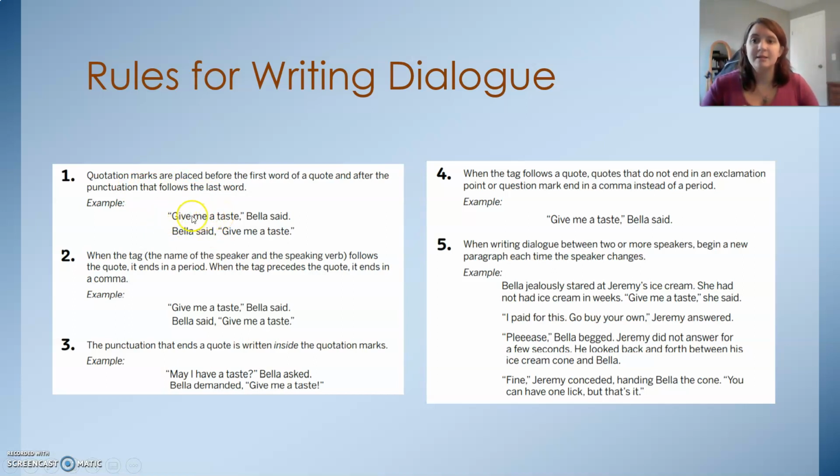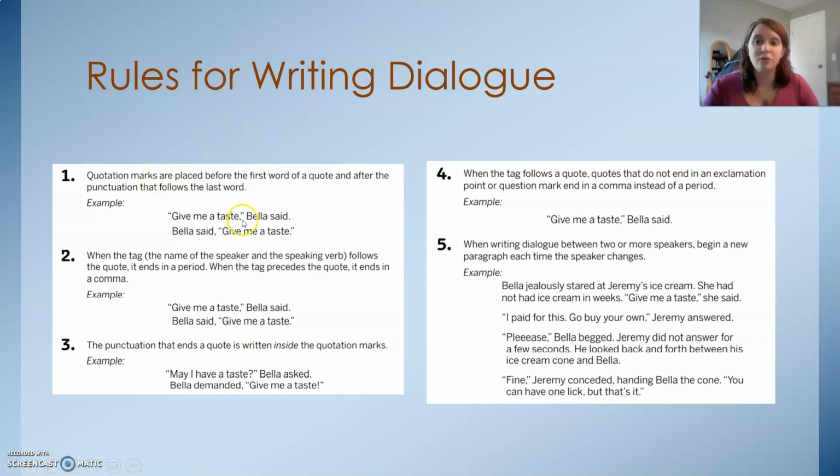So for this sentence, it says, "Give me a taste." That is the words that are actually being spoken, and these are the tag. "Bella said" is who is saying that sentence. These right here, these little tick marks, these are the quotation marks. So when you're putting a quotation in, it should go before the first letter of the first part of the quote.